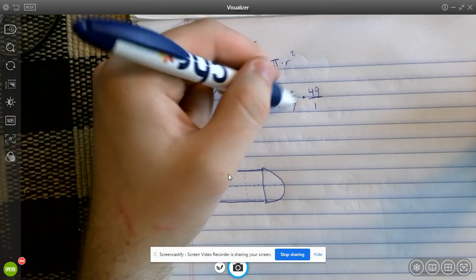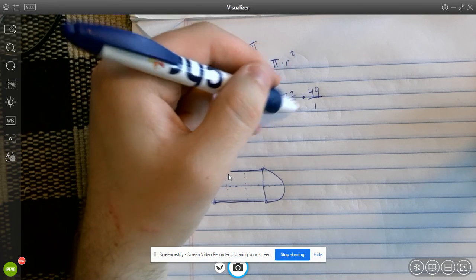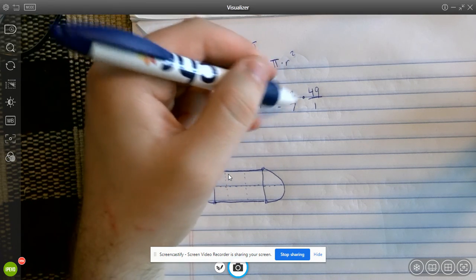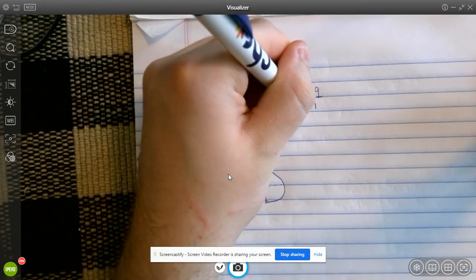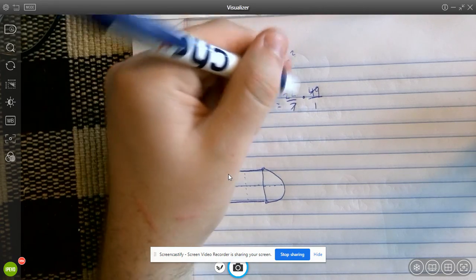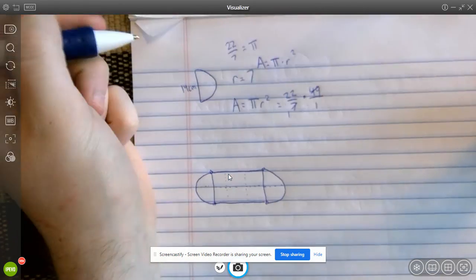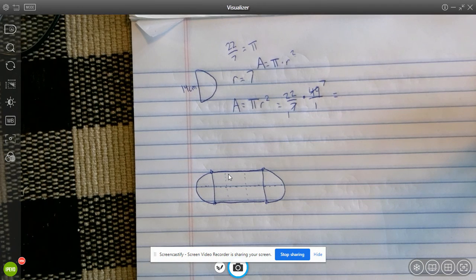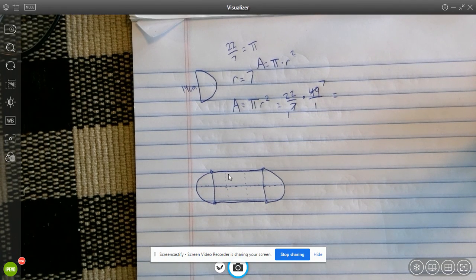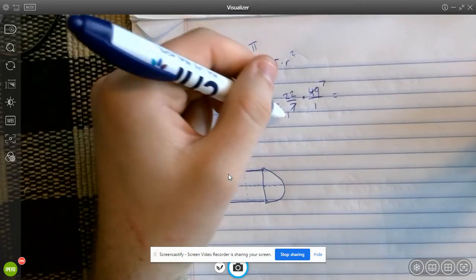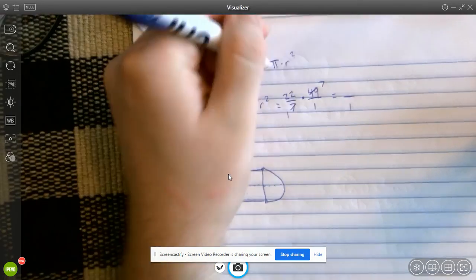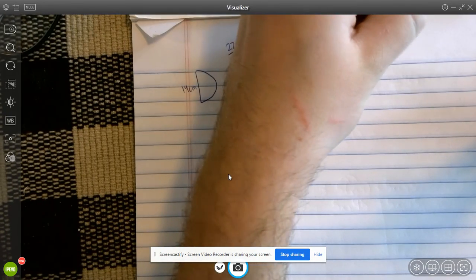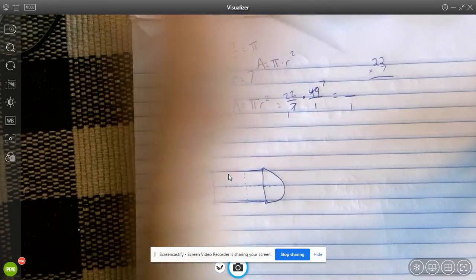So we can look at the diagonals, and if they share any common factors, we can divide by that common factor. 7 and 49 both have a common factor of 7, so we're going to divide them both by 7 to make this 1 and 7. So now all that we have to do is multiply those two together to figure out what our area is going to be. Well, the denominator is easy. 1 times 1 is 1. So really what we're doing is 22 times 7.